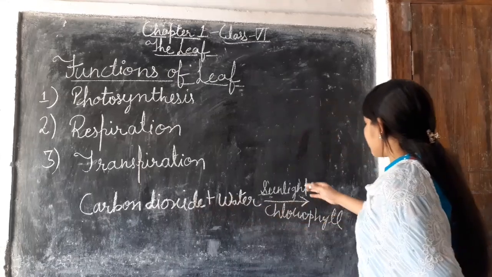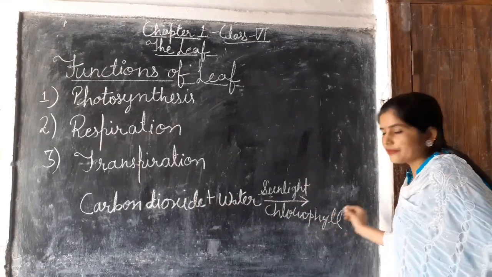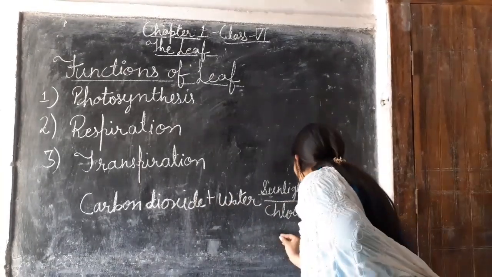Carbon dioxide and water in the presence of sunlight and chlorophyll gives oxygen and food.